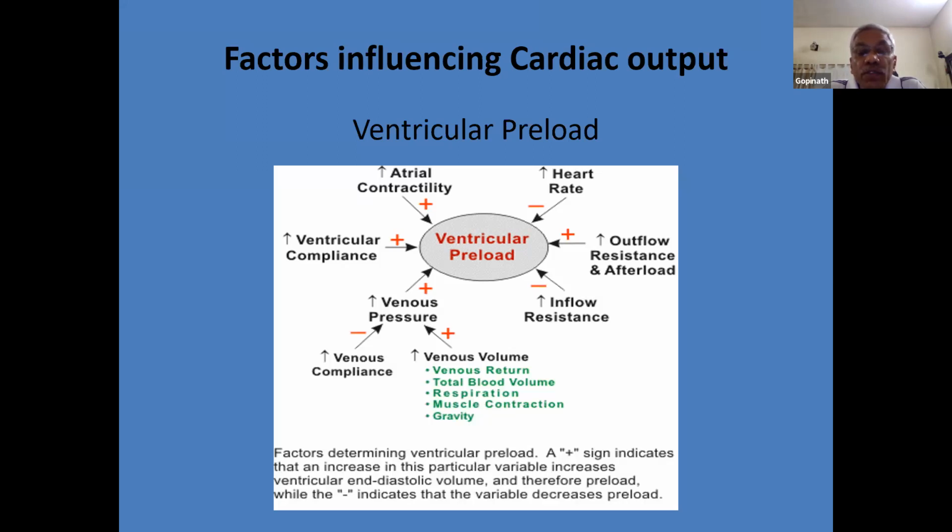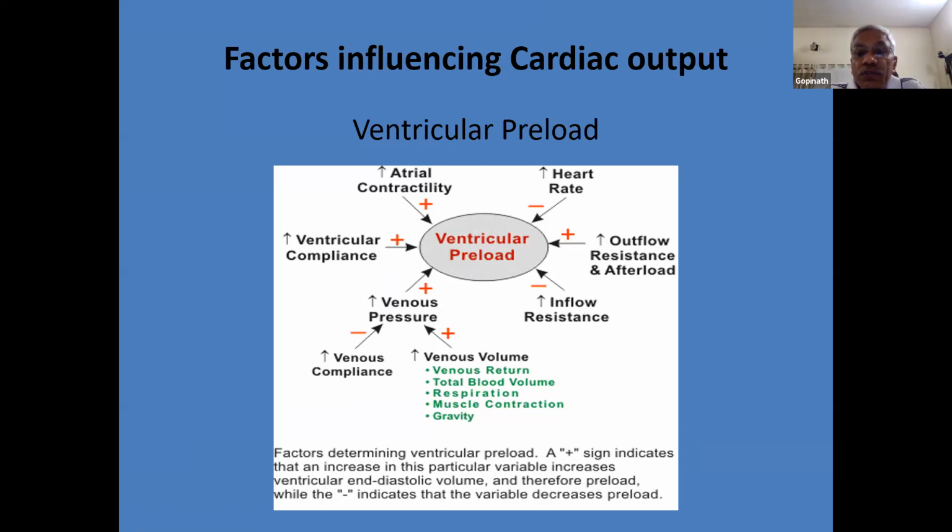Ventricle compliance, if it is good, yes, the ventricle will hold more blood. If there is increased venous pressure, then obviously venous volume increases, more pressure, and you have much more preload. And outflow resistance, that also can to a small extent influence the cardiac output in a positive manner.